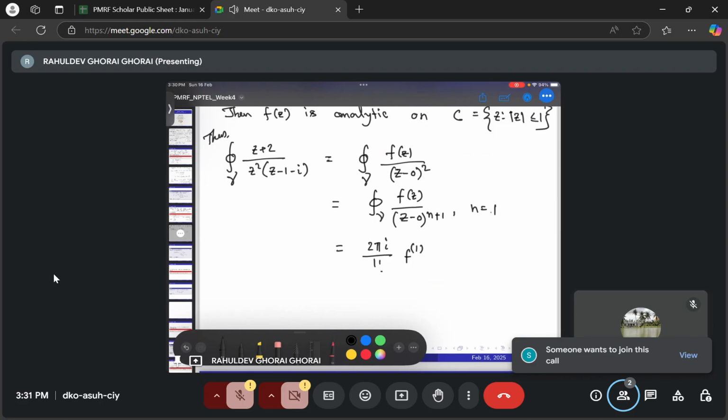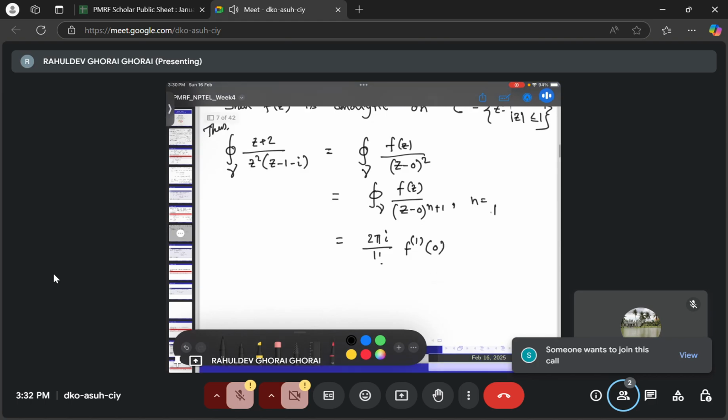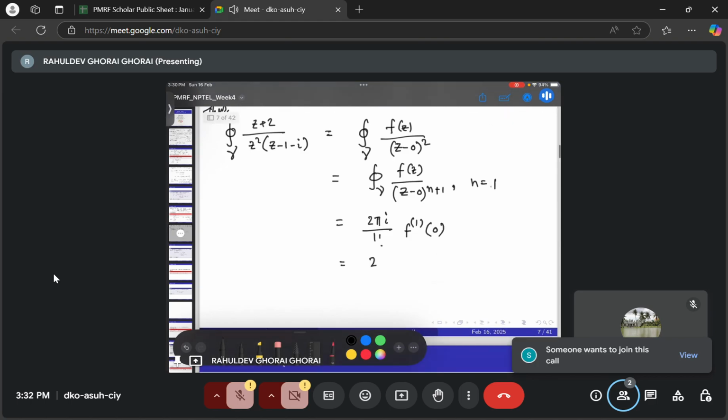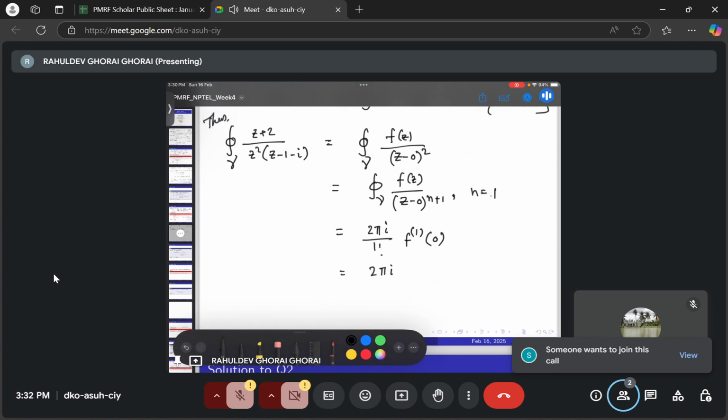This n plus 1 is important, it will be evaluated at 0 because 0 is the point. So that is nothing but 2 pi i times the first derivative of f.